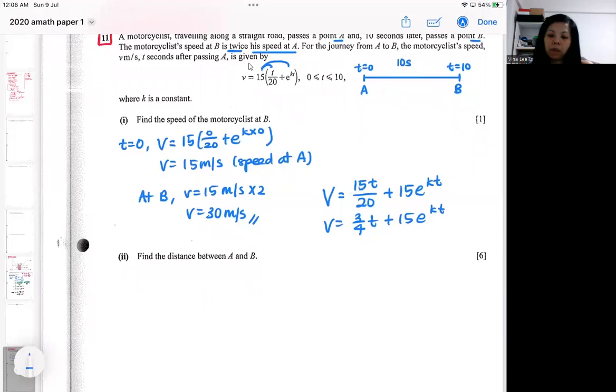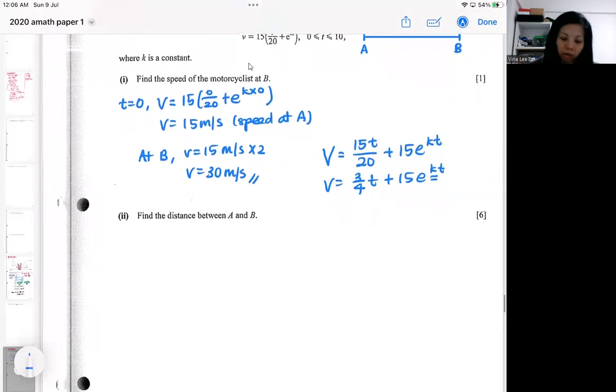But the problem will be, I already have a constant here. If I integrate now, I will get another constant. So to make things easier, I'm going to see whether I can find this constant or not.